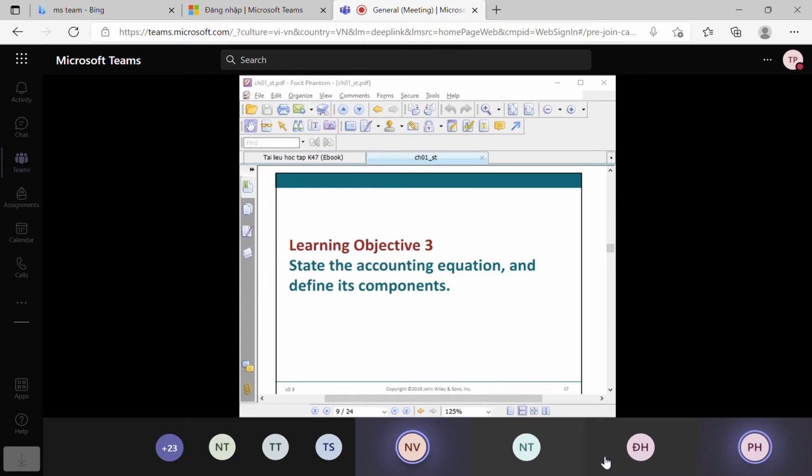So the left side of the equation, we focus on the form. In the class, you can see the table, the microphone, the laptop, the screen, the projector, all of them are assets of UEH.